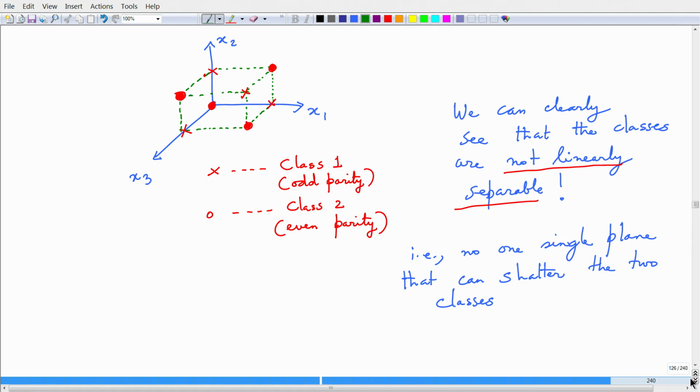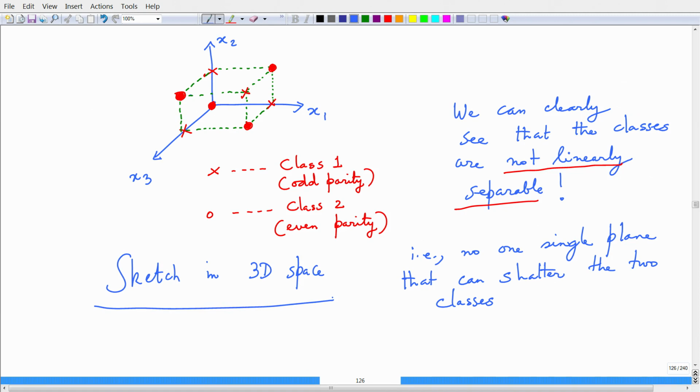Now, it would be helpful if we can sketch the points in the 3 dimensional space, right. This is a sketch in the 3D space. Now, I put the points in this 3D space.